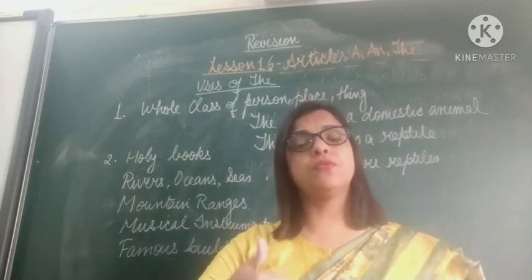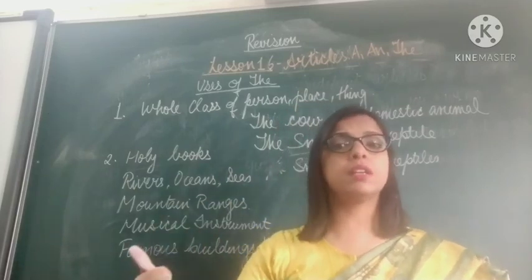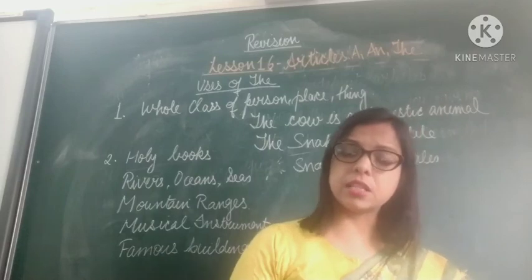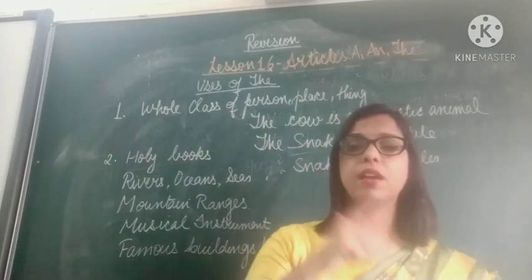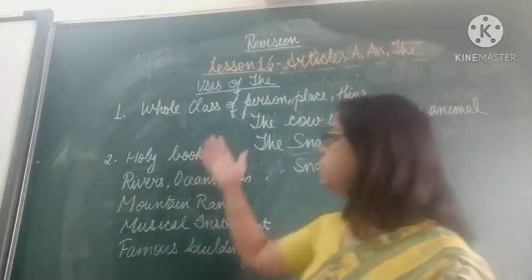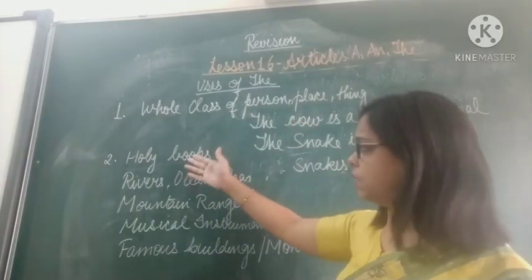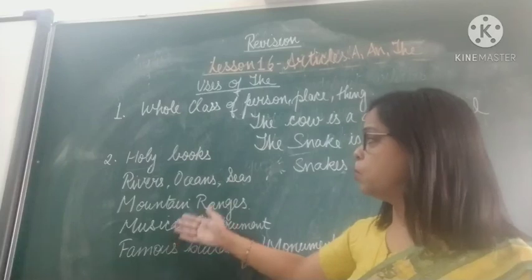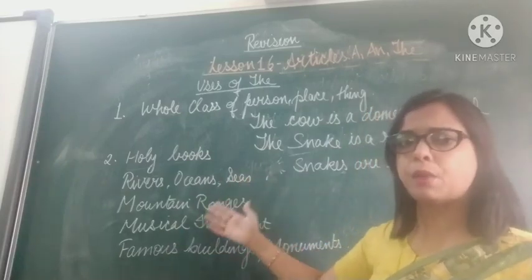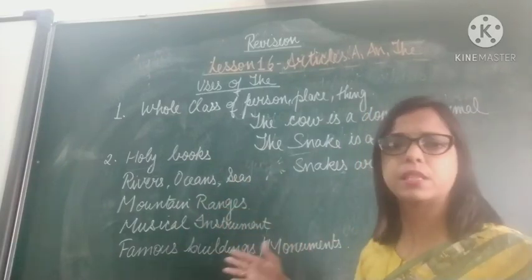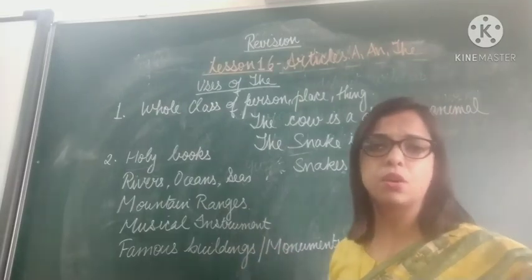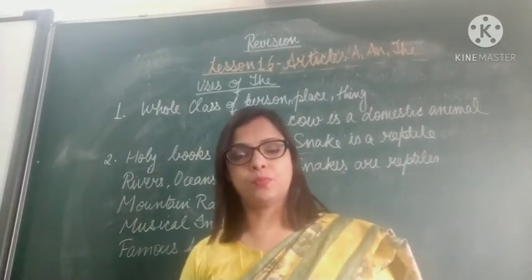And "the" refers to a definite person, place or thing, so it is known as the definite article, and it can be used with both singular and plural nouns. And we can use "the" to represent the whole class of person, place or thing, and in front of holy books, rivers, oceans, seas, mountain ranges, musical instruments, famous buildings or monuments. So thank you, children.